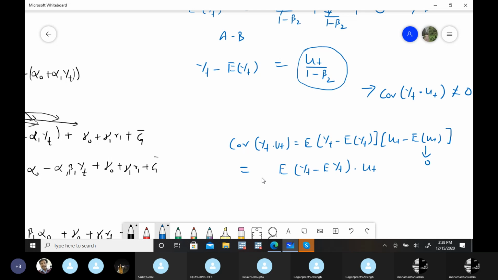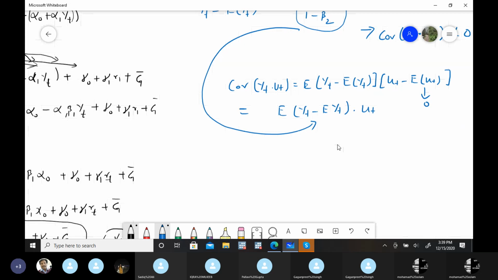Now, if I put this value here, the covariance will be the expected value of Ut by 1 minus beta 2 into Ut. So it is the expected value of Ut square by 1 minus beta 2.